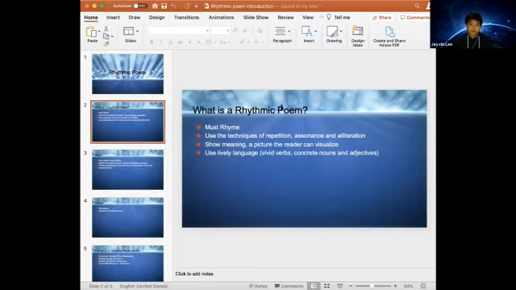A rhythmic poem, its characteristics is you must rhyme, you must use the techniques of repetition, assonance, and alliteration.